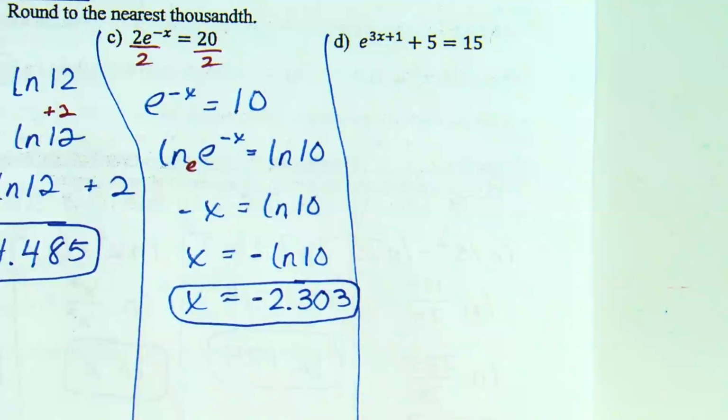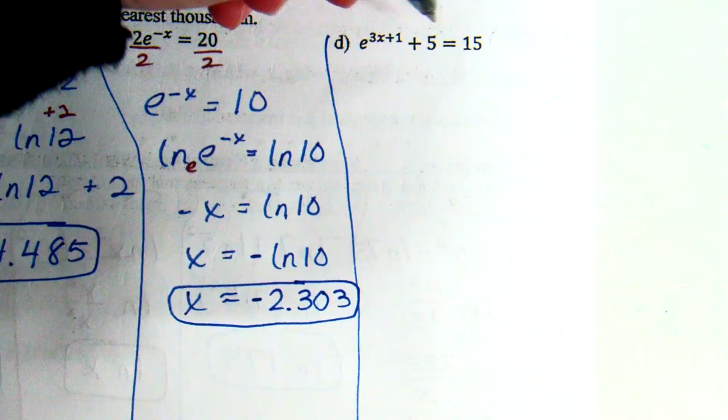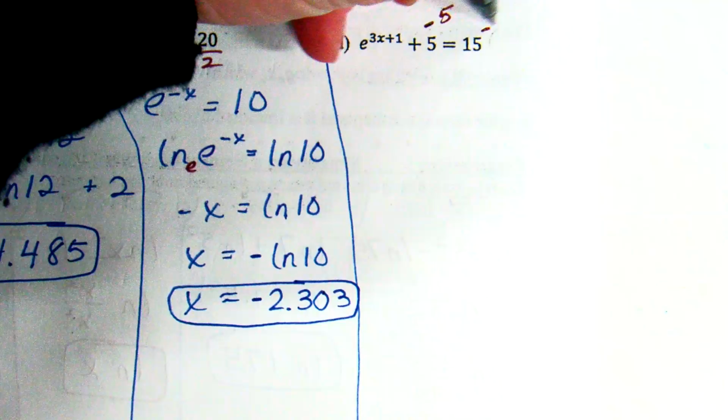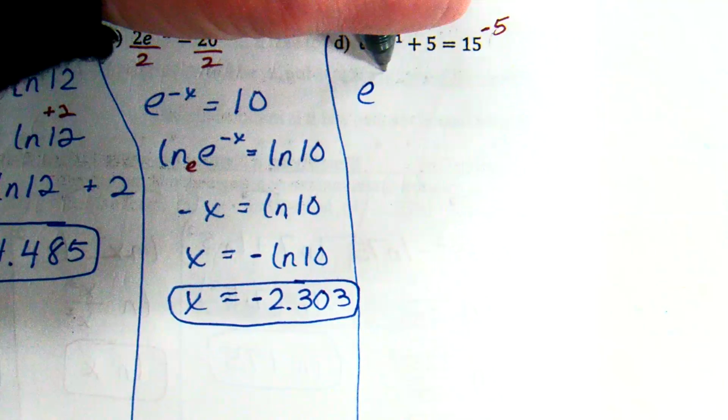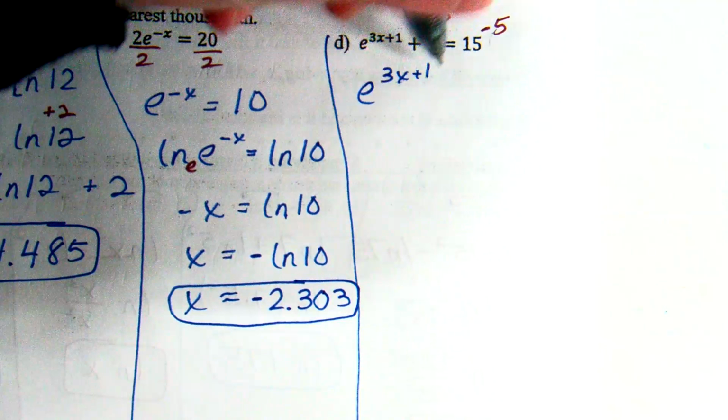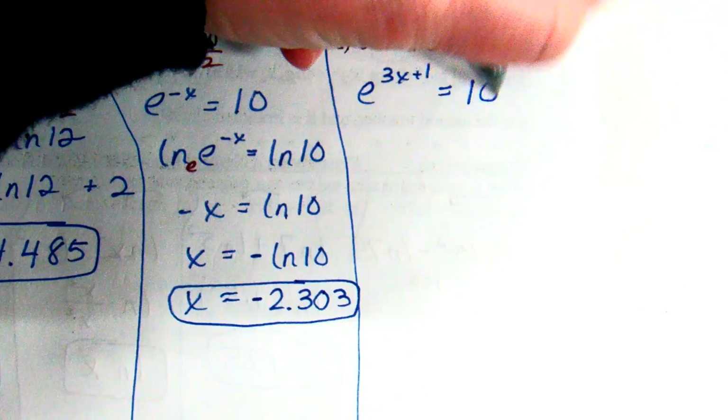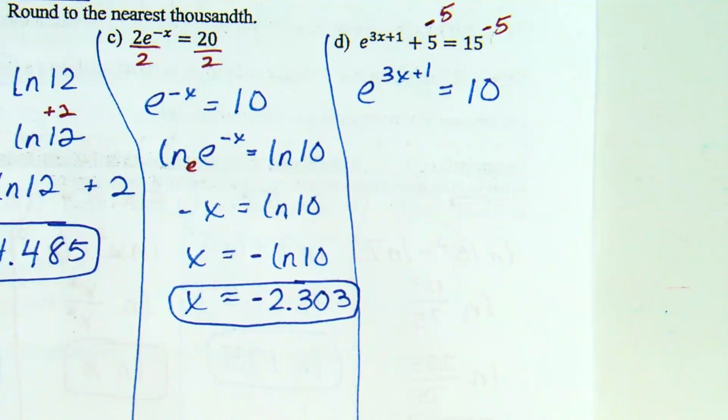Okay, last one in this section. Word problem and then work time. Oh, wow. You guys are getting to be pros at these. Okay, so to get my e by itself, since there's a plus 5, let's subtract 5. e to the 3x plus 1 equals 10. And now, what do I do?